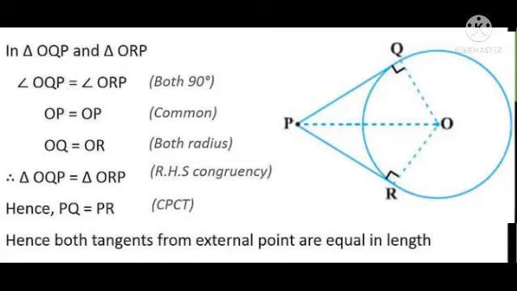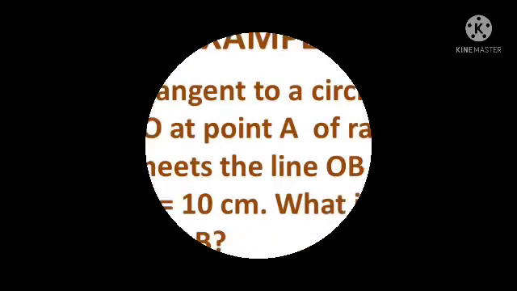Therefore, triangle OQP is congruent to triangle ORP due to the RHS congruency rule. Hence, PQ is equal to PR through CPCT, that is, corresponding parts of congruent triangles. Hence proved that the lengths of the tangents drawn from an external point to a circle are equal.